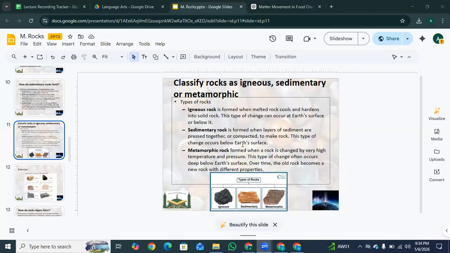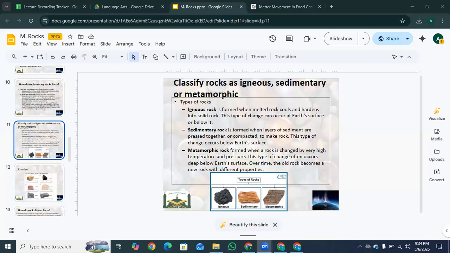Okay, so the next one is metamorphic rock. Metamorphic rock is formed when a rock is changed by very high temperature and pressure. This type of change often occurs deep below Earth's surface. Over time, the old rock becomes a new rock with different properties.